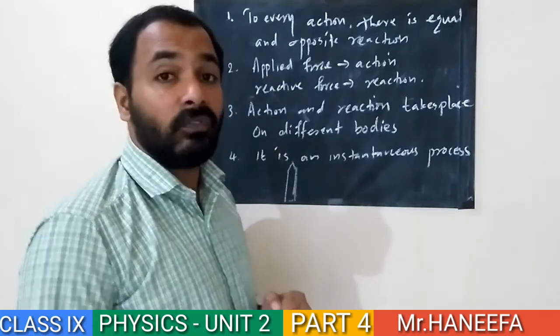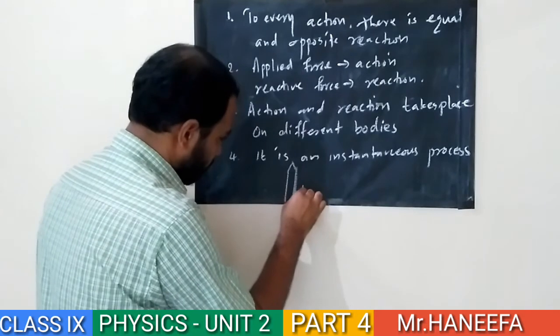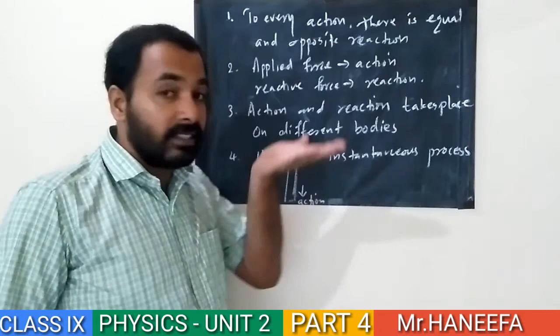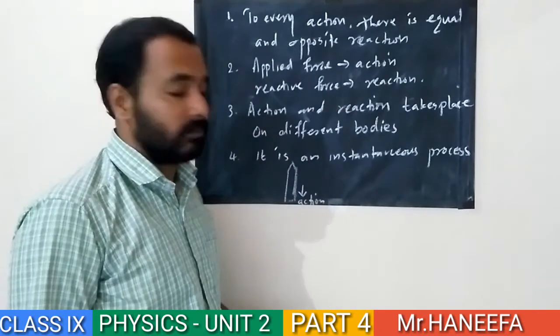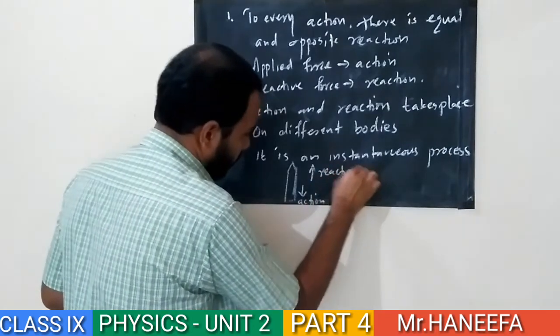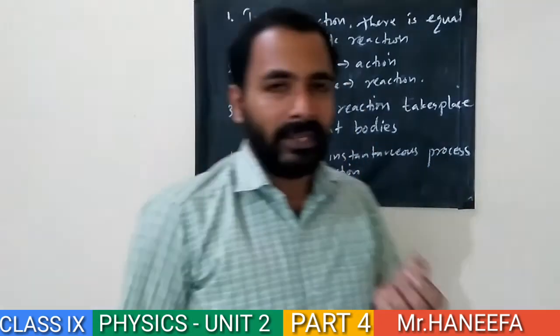So, in the case of a rocket, action is in the downward direction, reaction in the upward direction.